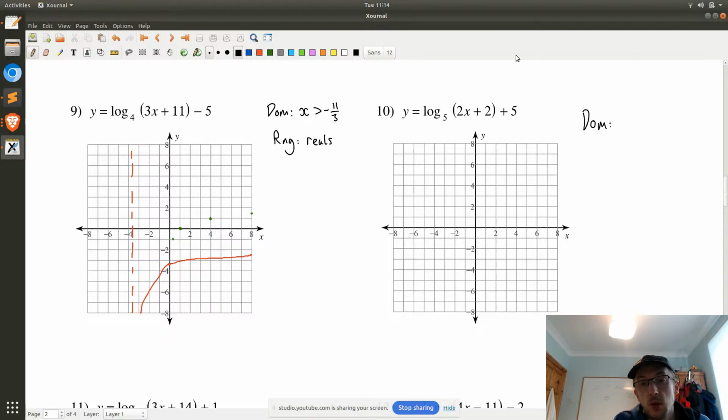Acceptable values: 2x plus 2 is greater than 0. 2x is greater than negative 2. x is greater than negative 1. And so the asymptote is negative 1. There, like that.